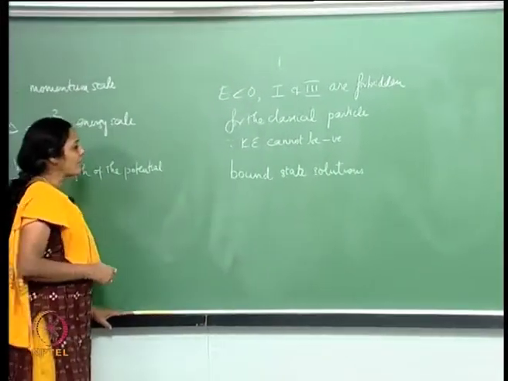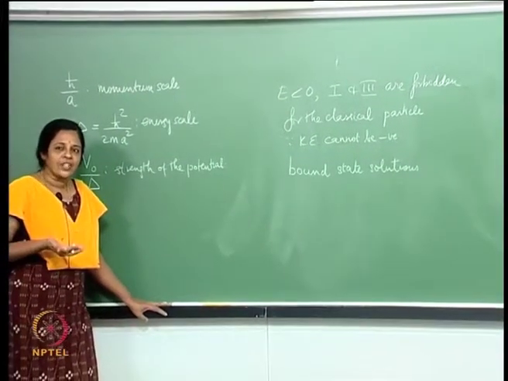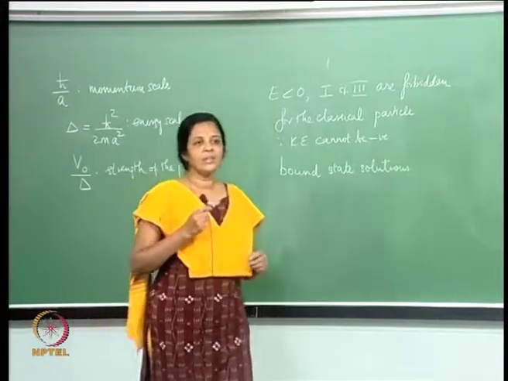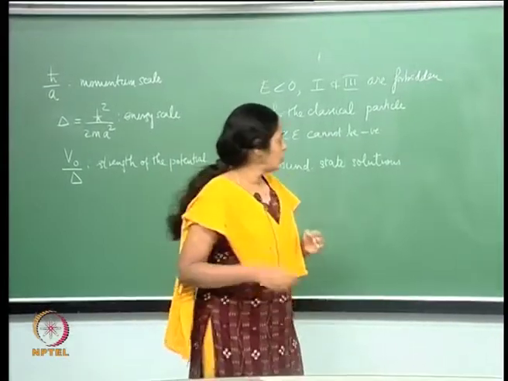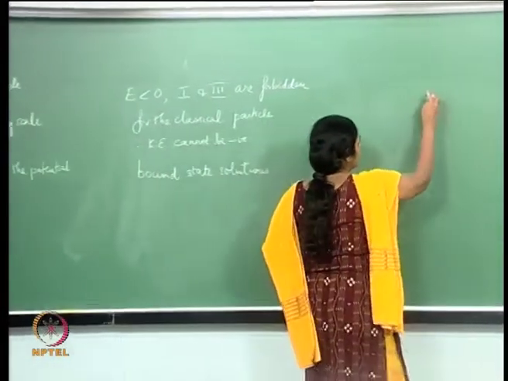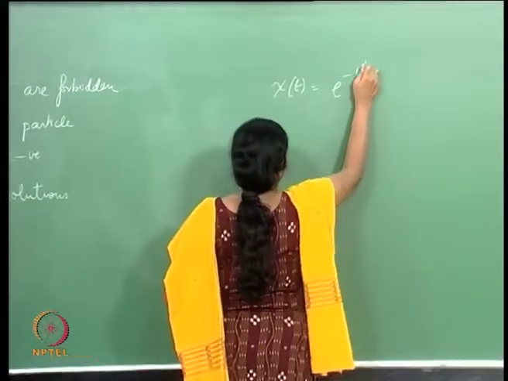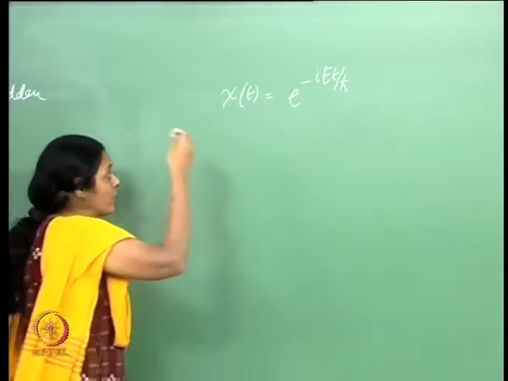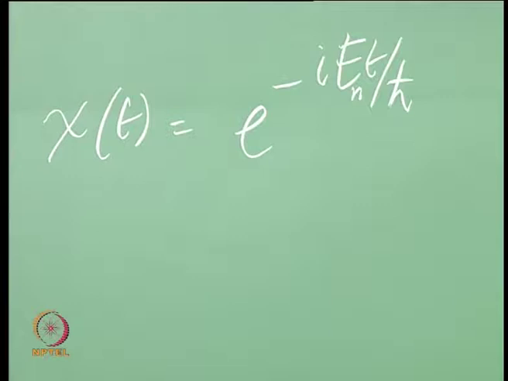So let us first write down the equations to obtain the stationary state solutions. Now you will recall that the time dependence of a stationary state solution was given by some chi of t, which is e to the minus i E t by h cross, and if E were quantized, it would be E sub n t by h cross.